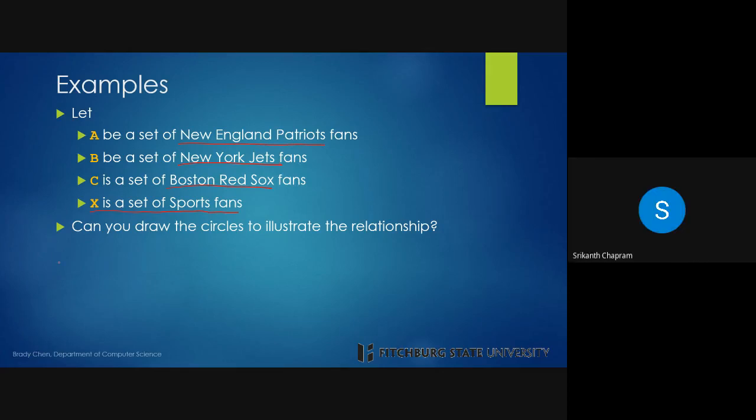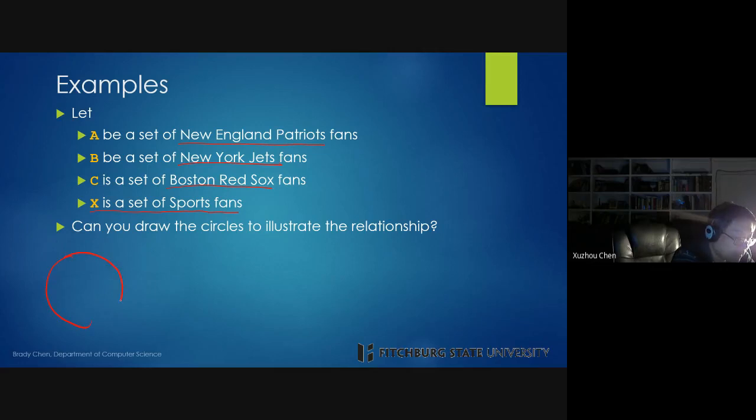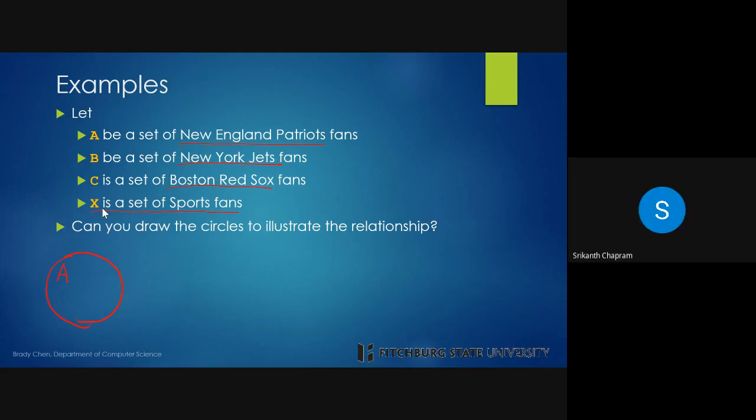X is a big circle and A, B, C are small circles inside X. Let's say A is this, all the New England Patriots fans. Now, when I draw B, what do you think B is going to look like? Is there an overlap, or is B a subset of A, or A a subset of B, or is B a separate one that doesn't interfere with A?